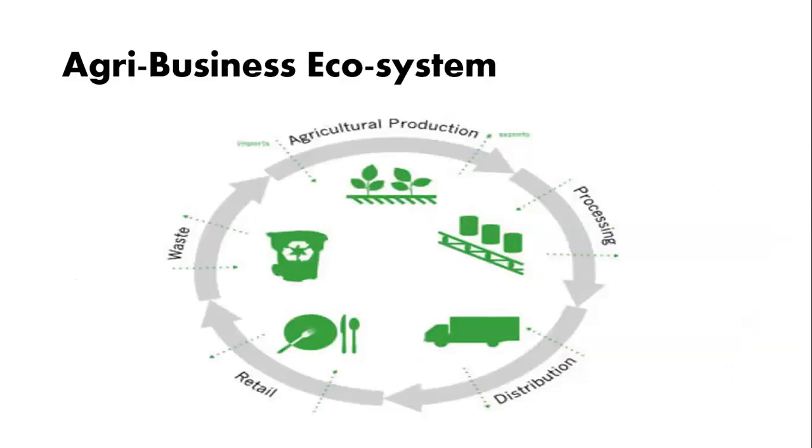But with the development of the agribusiness ecosystem, there are agricultural producers, and they have to consider the requirements of the processors. The processors want some kind of qualities to produce their product. So processors need some kind of qualities for value adding.